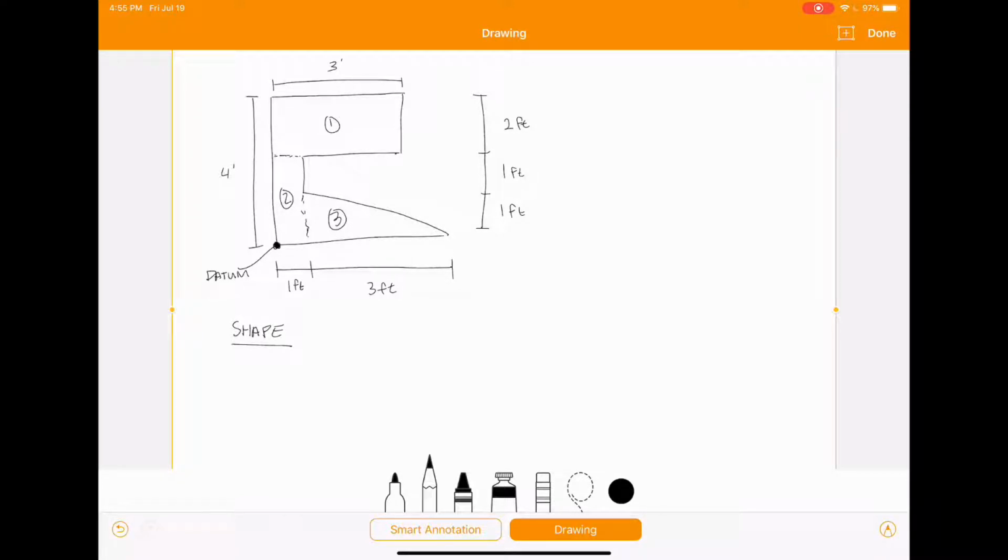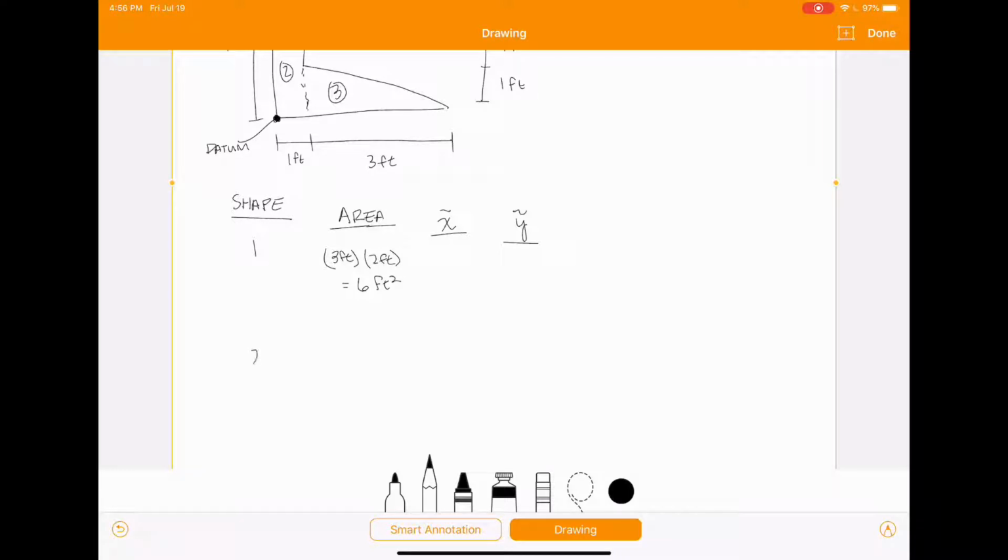For the different shapes, we're going to need to know the area of each shape, and then we're going to need to know the X tilde and the Y tilde of each shape. So for shape 1, the area is just the area of that rectangle, number 1, so 3 feet times 2 feet, for a total of 6 feet squared for shape 1.